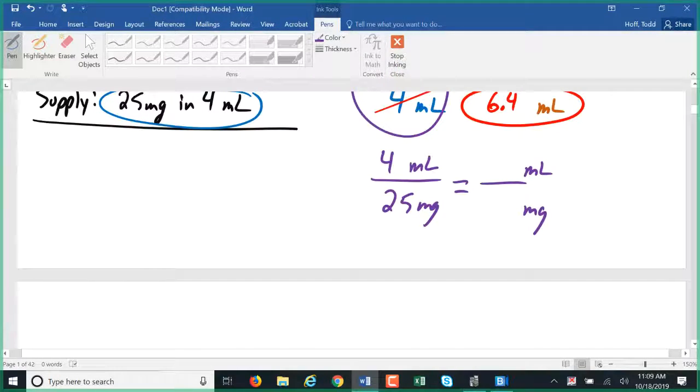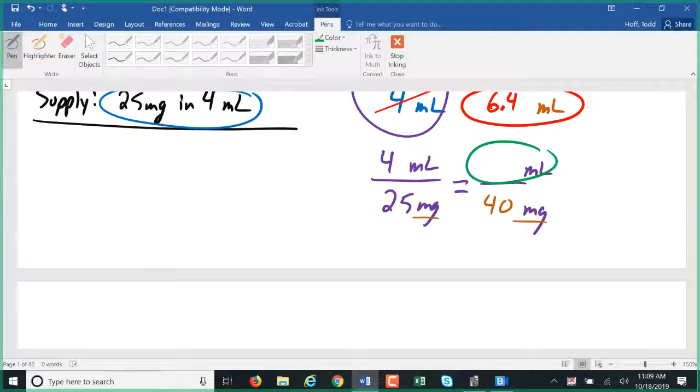So the doctor's order of 40 milligrams still has to go with the milligrams. All that changes is the number we're going to calculate is on top instead of on bottom. So it's very difficult to screw up the proportion method, because even if you flip one ratio, the other ratio just flips to match it. As long as you keep the units matched up, you'll still get the correct answer.